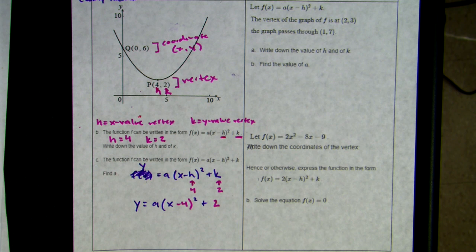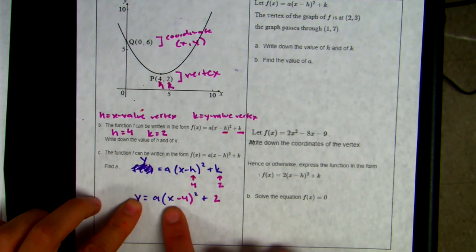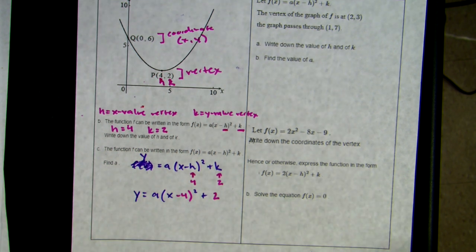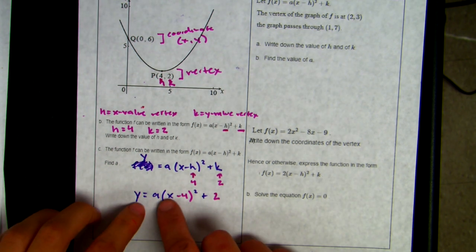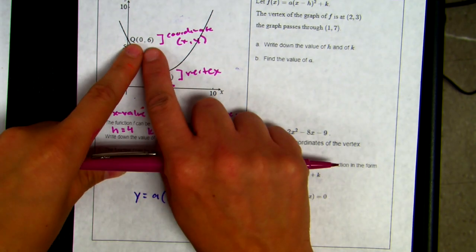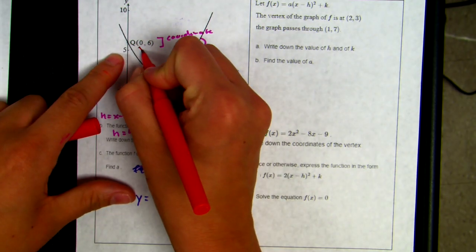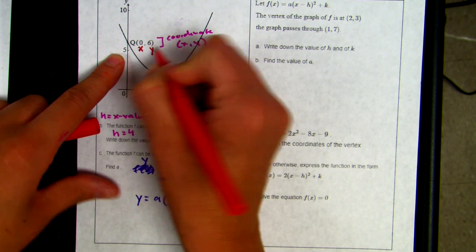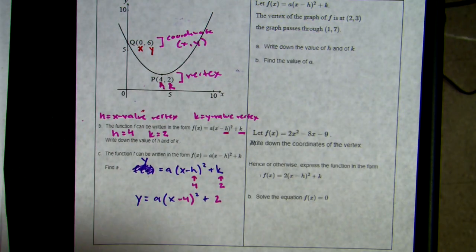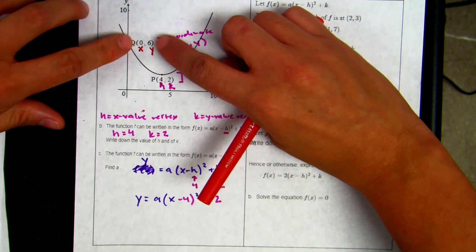Okay, well, this isn't quite enough to solve yet, because I still have too many variables in this. But the interesting thing is I have x and y, and I know a point on the graph that is x and y as well. So I can say x is equal to 0 and y is equal to 6 because I was given this coordinate point.